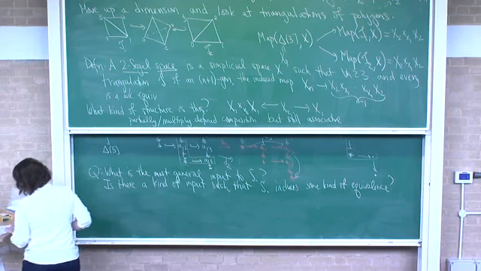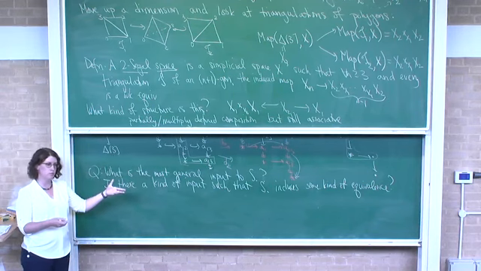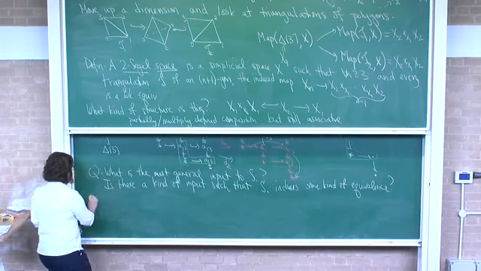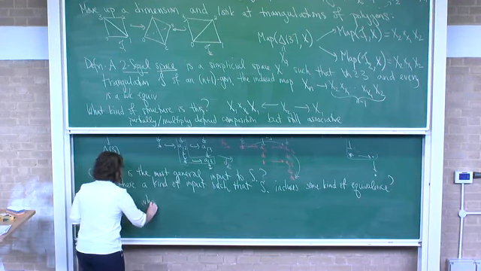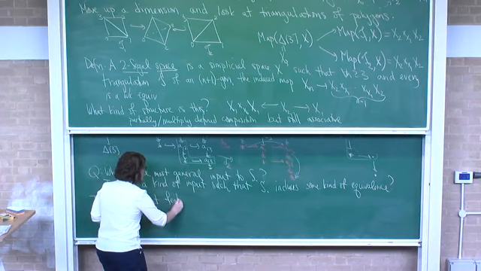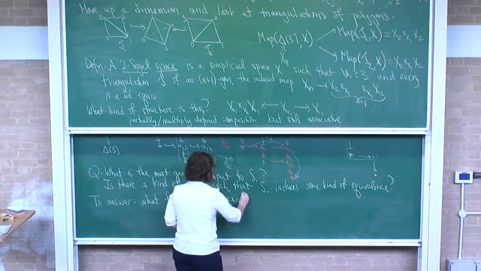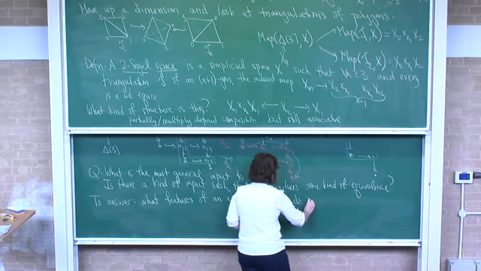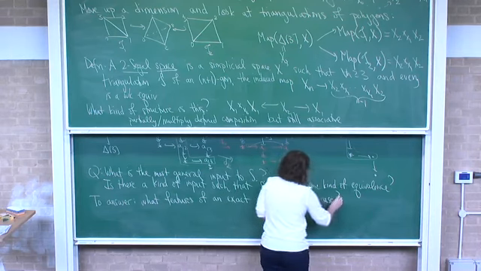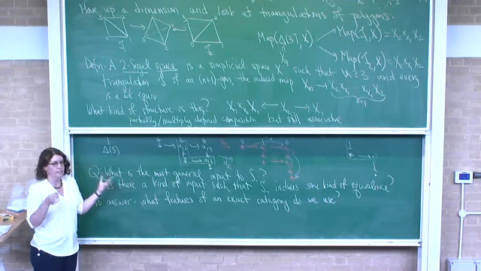So to answer this, we're saying, well, what are the really important things? I mean, when we're building this construction, what are the key features that we use? So, for example, an exact category is an additive category or something.